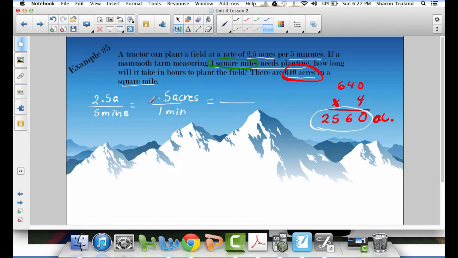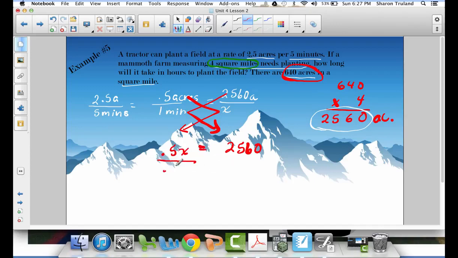All right, so this proportion would say 0.5 acres is to 1 minute. That's 2,560 acres is to how many minutes? Let's get out our calculator again. Do our little cross multiplying or cross swords here. 2,560 equals 0.5x.